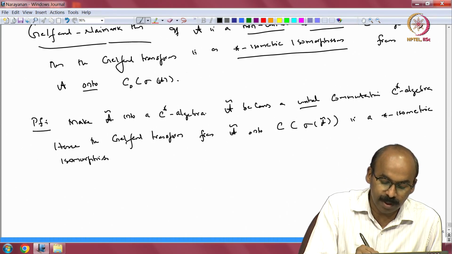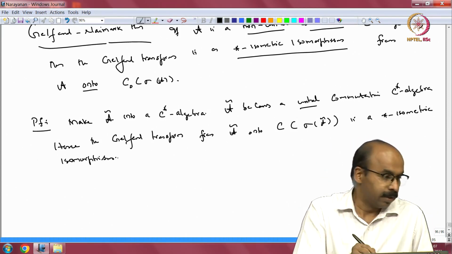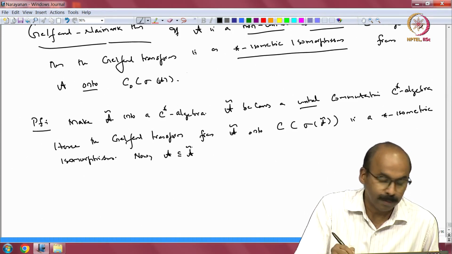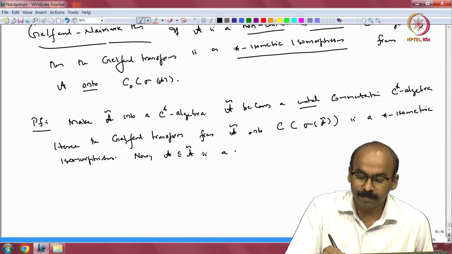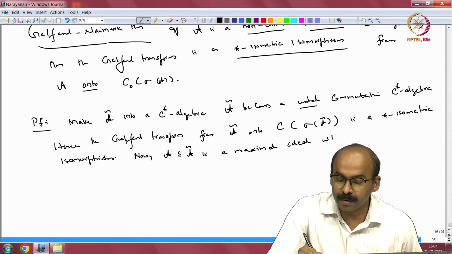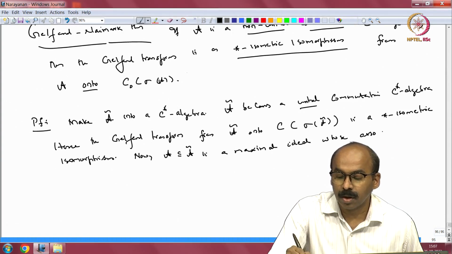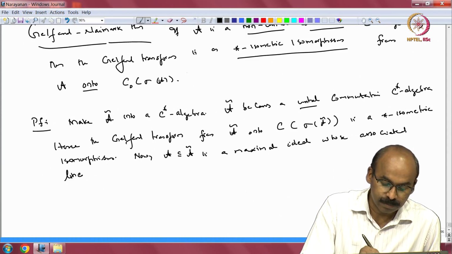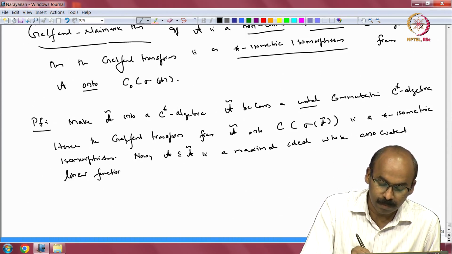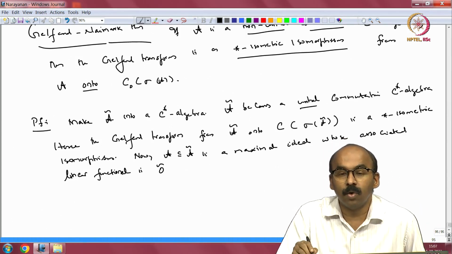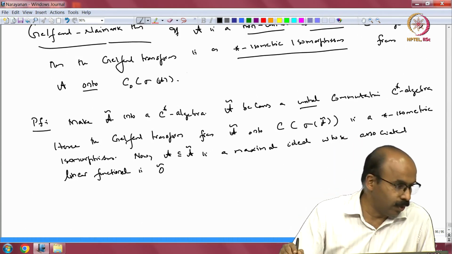So, that is the unital version which we already know, right. Now, A contained in A tilde is a maximal ideal, whose associated linear functional is 0 tilde, right. Remember, the 0 functional had a unique extension to A tilde.